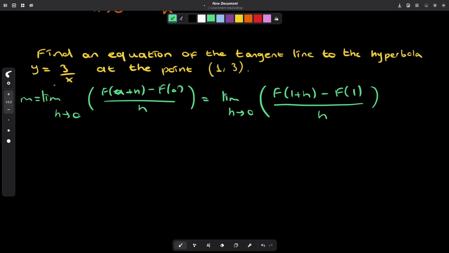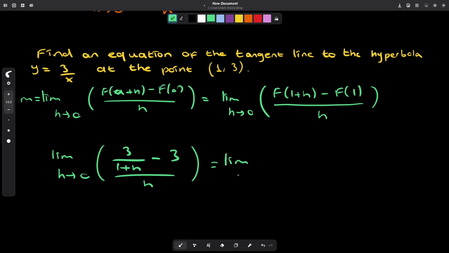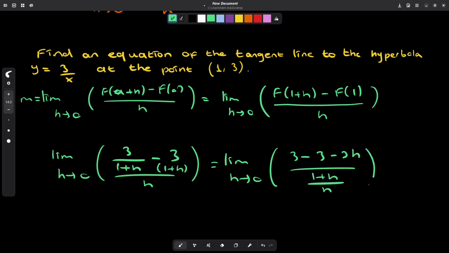For 1 plus h, of course, I need to plug it in here, so therefore the limit of this function as h approaches 0: 3 over 1 plus h minus f(1), which is 3, over h. I need to write these with the same denominator, so let's expand this with 1 plus h. 3 minus 3(1 plus h) over 1 plus h over h.